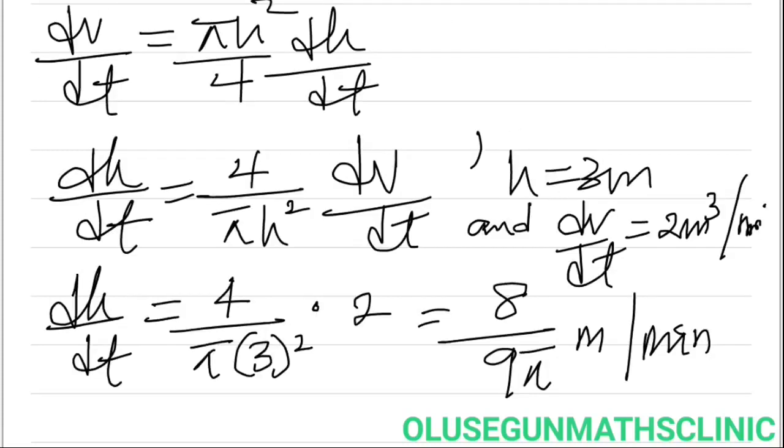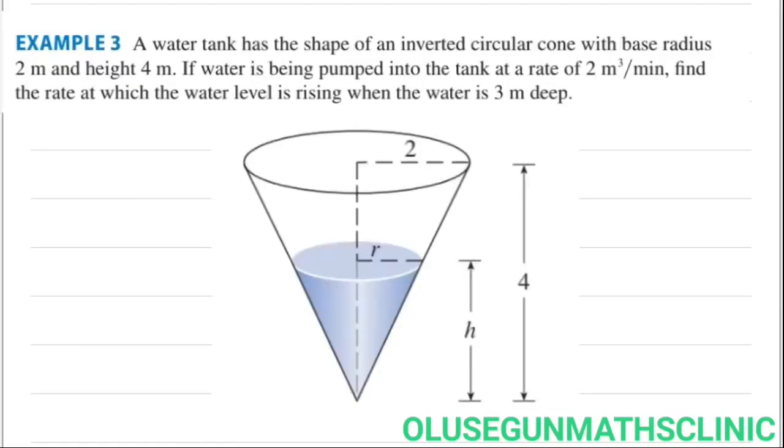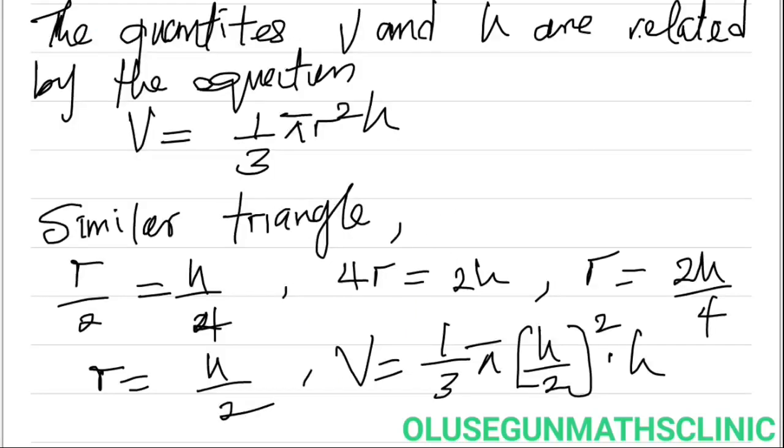So from the question, the rate at which the water level is rising when the water is 3 meters deep. So this is how it is. You first find the equation that relates the volume V and H, which is the volume of the cone, and we try to make the similar triangle.